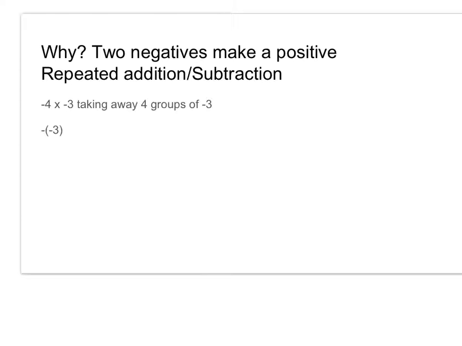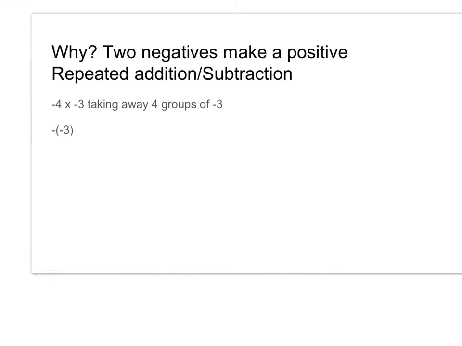So it's minus a negative 3, minusing another negative 3, minusing another negative 3, and minusing another negative 3. Okay, so we're taking away 4 groups of negative 3.